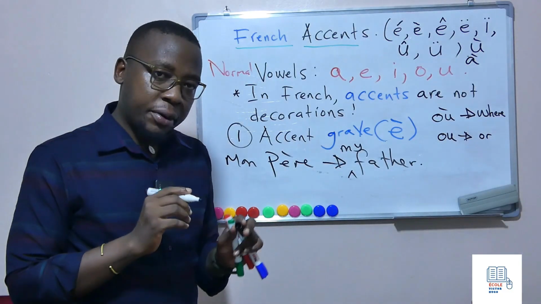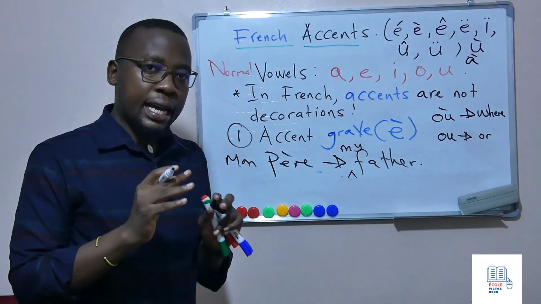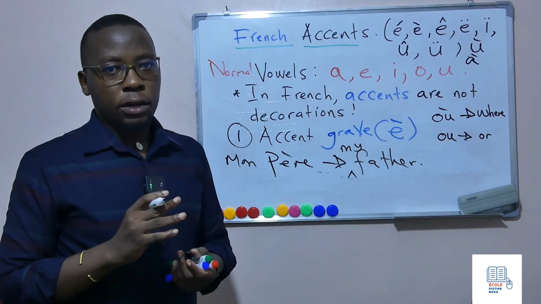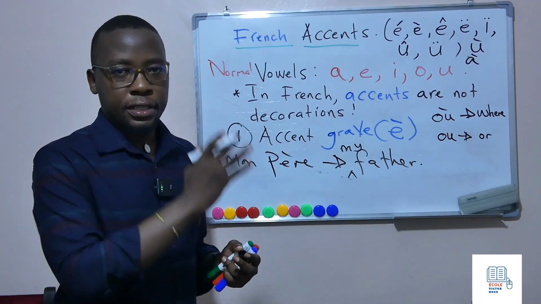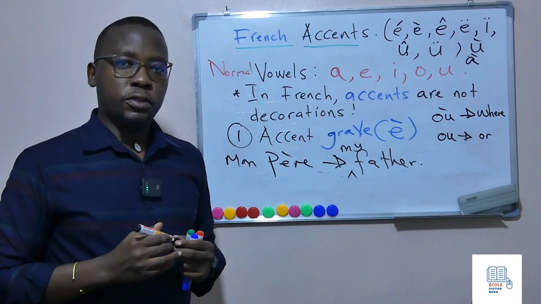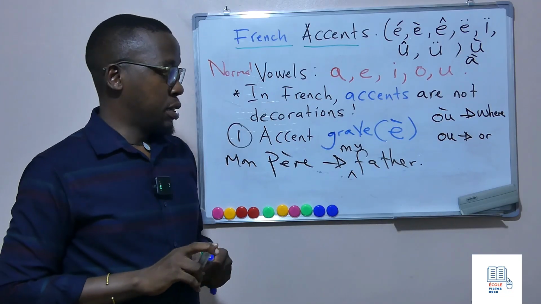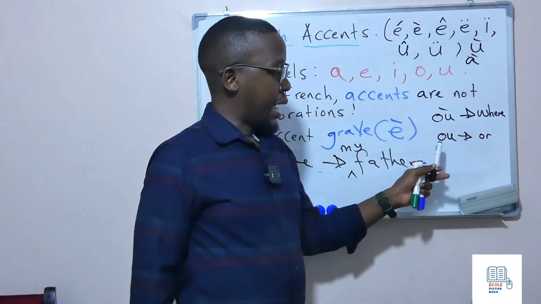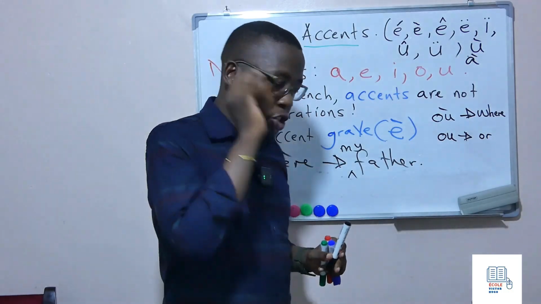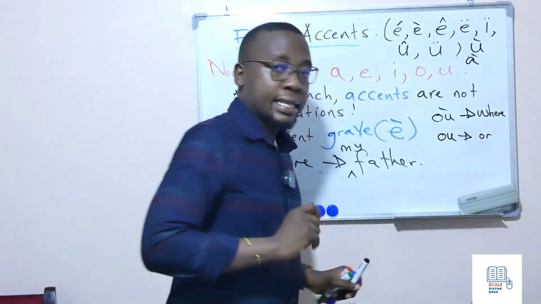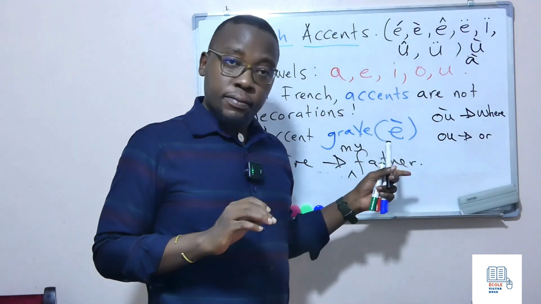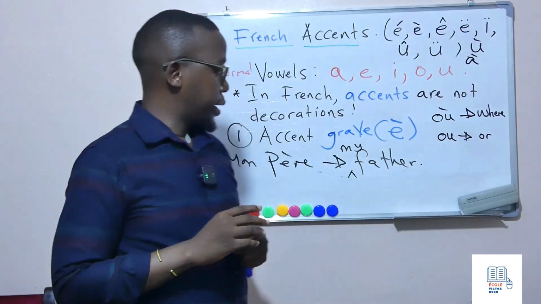So the accents are very important because they guide the expression, and they also create that difference, so that you are able to differentiate between words. For example, in the case of où and ou, same pronunciation, but without that accent, the meaning will change, okay?